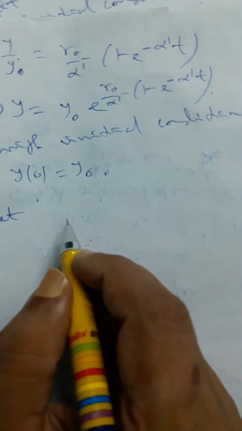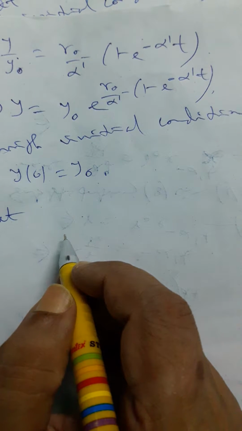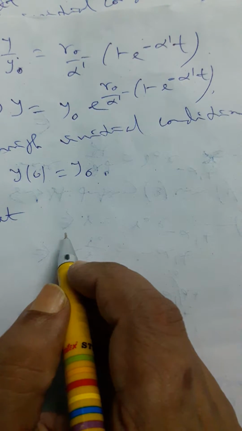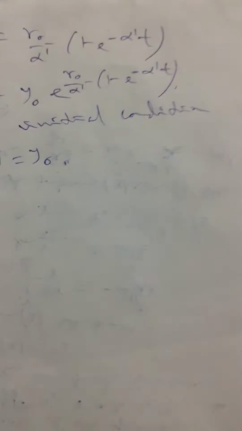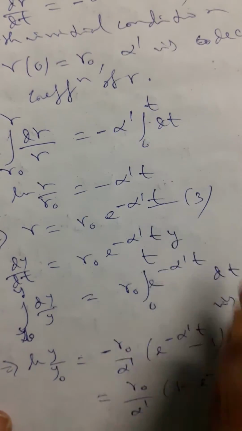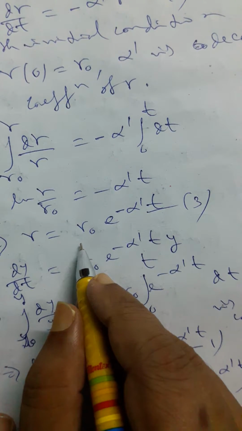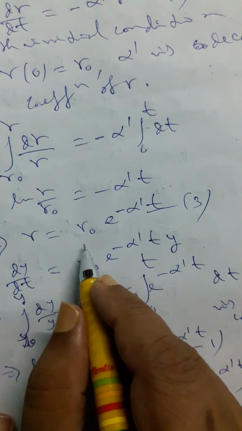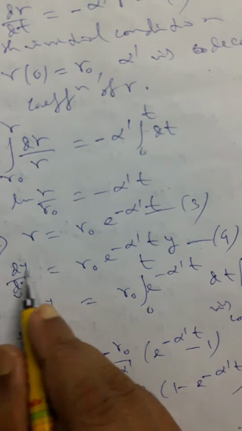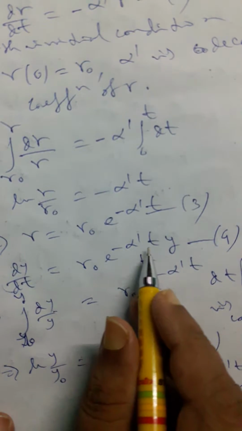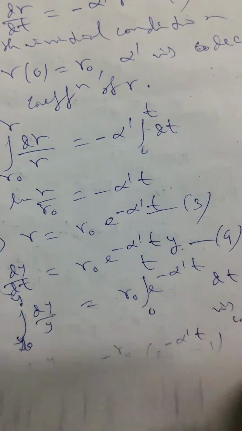Now here, from the earlier equations, that means equation number 3, if we substitute it and take it as equation number 4, dy/dt equals r0 into e to the power minus alpha dash t into y. This is called the Gompertz equation.